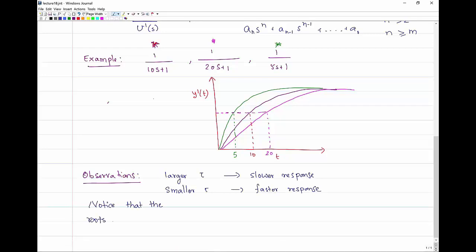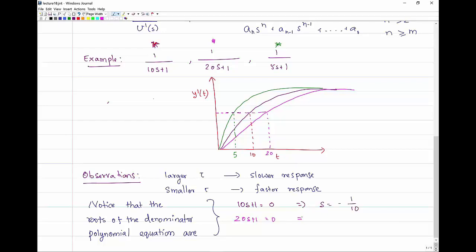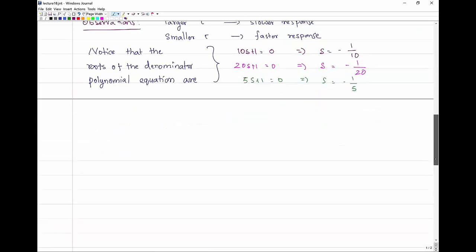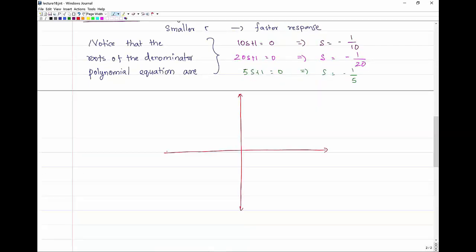And notice that the roots of the denominator polynomial equation for each of these transfer functions are at s equal to minus 1 over 10, s equal to minus 1 over 20, and s equal to minus 1 over 5. We can plot these on a complex plane with the real part on the x-axis and the imaginary part on the y-axis. These three roots are real, and therefore they are going to lie on the real axis.